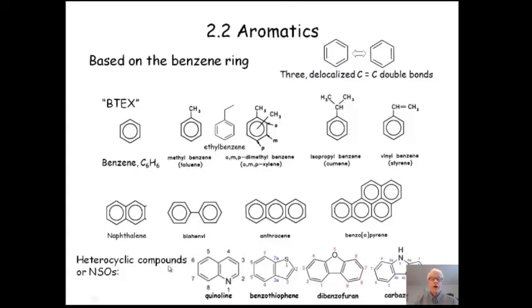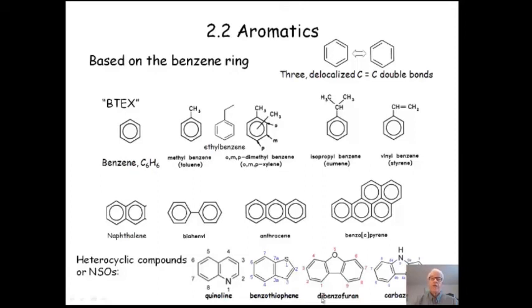Another group of compounds that are derived essentially from the PAH structure are heterocycle compounds. Petroleum geologists often call these NSOs because they contain nitrogen, sulfur, or oxygen. A simple heterocycle compound, quinoline, has a nitrogen substituted for a carbon in the ring.